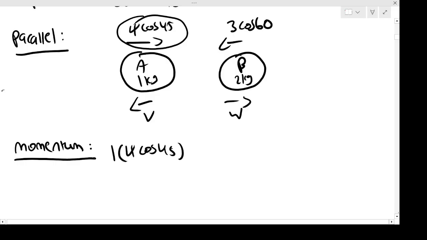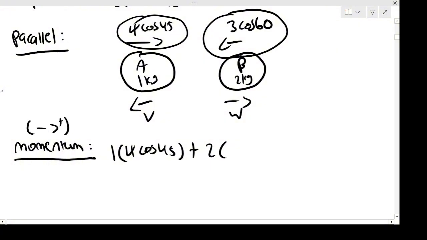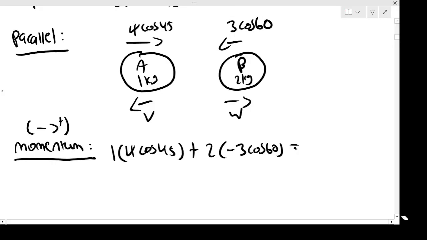Then for B, it's going to be 2 times 3 cos 60, but usually we take forwards as positive, so it's going backwards in the negative direction, so we need to negate that. And then the momentum afterwards is going to be 1 lots of minus v, and then 2 lots of w.